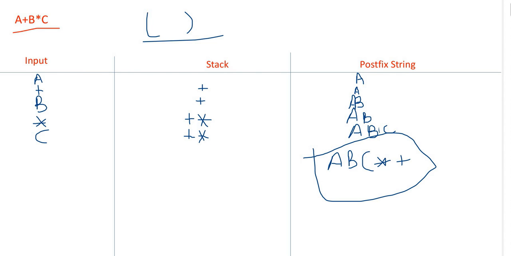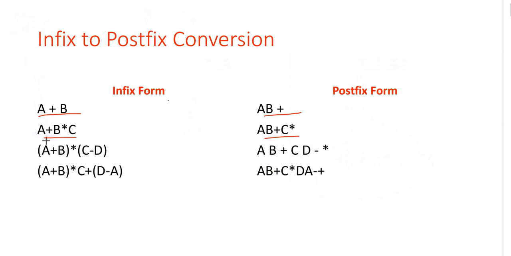If you do it from this side, star has more precedence, so it will be BC star. After that, this BC star will be one operand and this will be another operand, and plus will be at the last. But you can see here both are different. This is due to the parentheses.